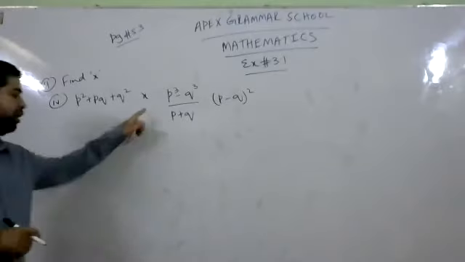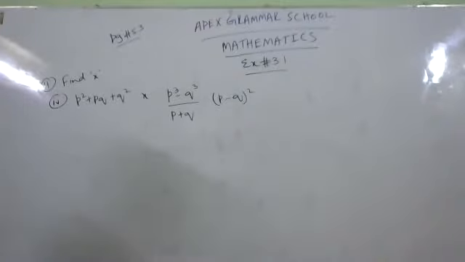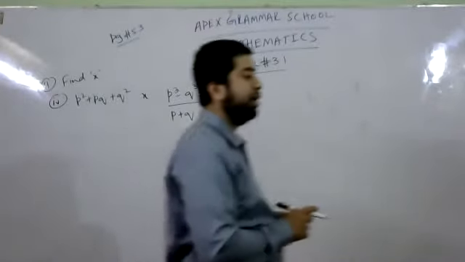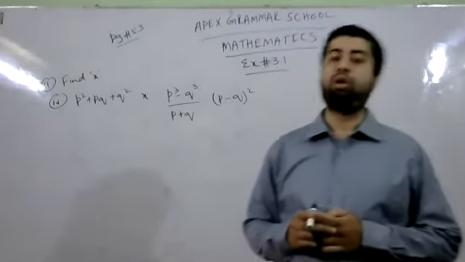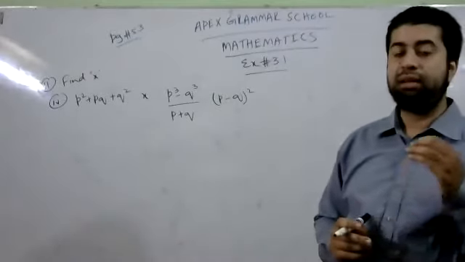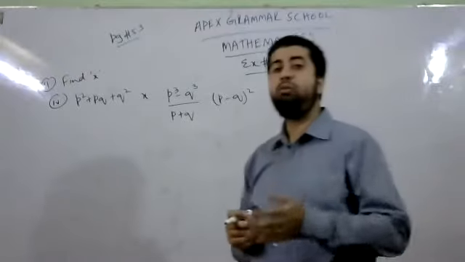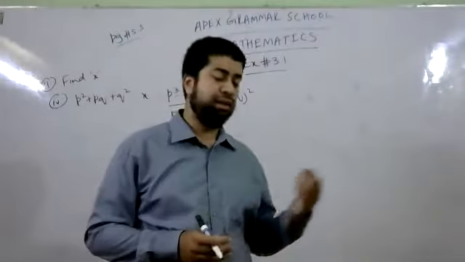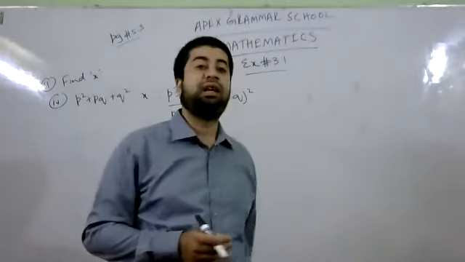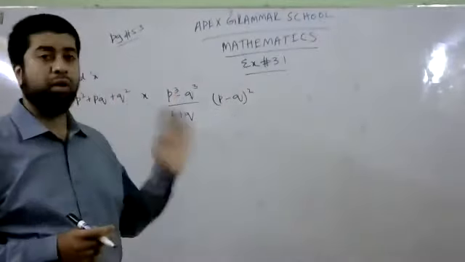You need to find this value of x. But before that, this is totally relevant to your formulas. If you are still familiar with all the formulas that you have done in class 8, class 9, and at the start of class 10, then this makes the calculation very easy.